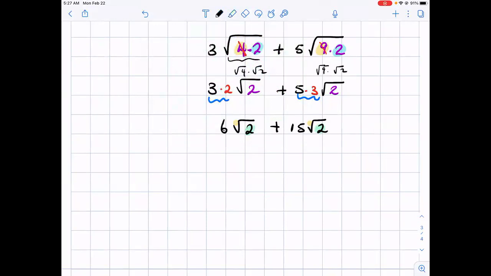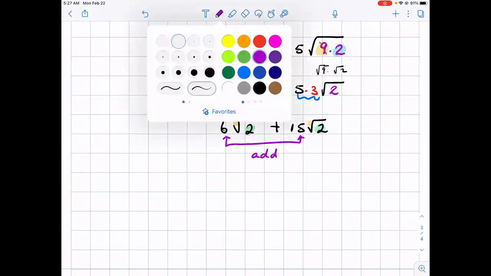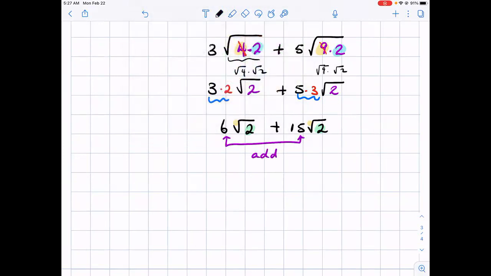So I can add the coefficients now. If we add our coefficients, 6 plus 15 becomes 21 radical 2. And my radicand here is 2. That cannot be simplified. So here is my final result.